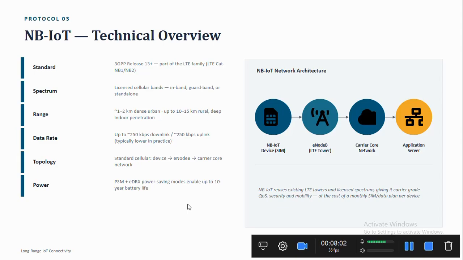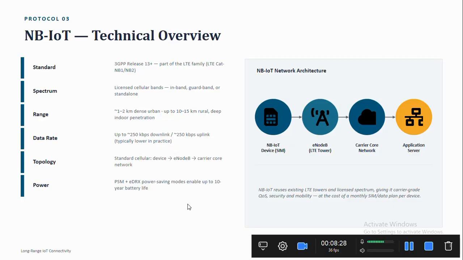All these are done by NB-IoT devices, with uplink and downlink of around 250 kilobits per second, and it has a cellular device, the eNodeB, the carrier core network, and PSM and eDRX power saving that lasts a 10-year battery life.